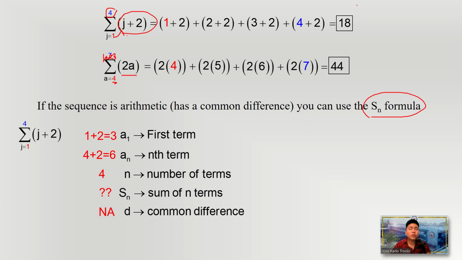Okay, so how to do it? So you started with 1, so the first term should be 1 plus 2, that is 3, the first term, and then the last term, this is the technique, the last term is 4, so 4 plus 2, that is 6.